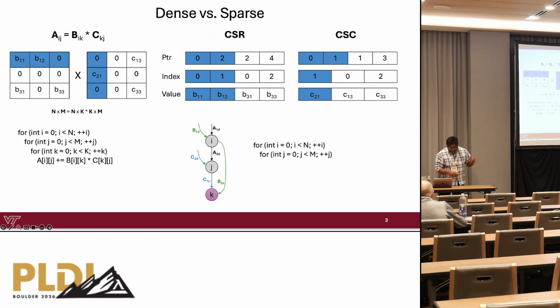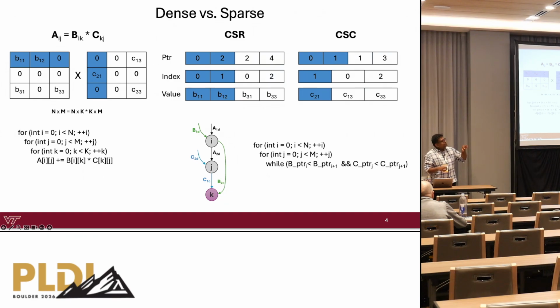We still have the two outer for loops, i and j, but let's look at the inner loop. Now you have to contract these two dimensions of B and C, but it's a little more complex than the simple for loop in your dense matrix multiplication.